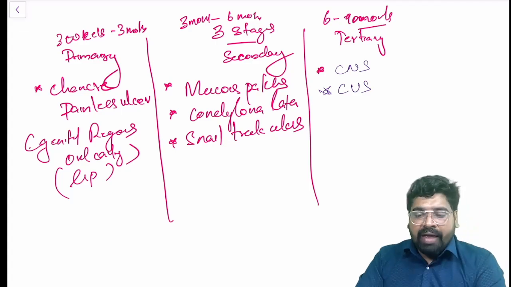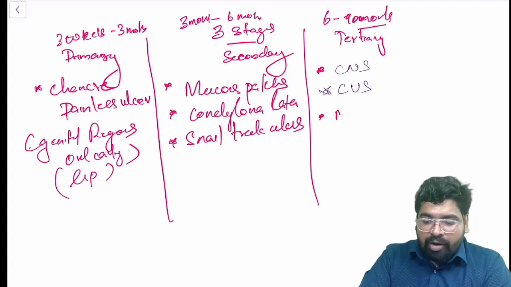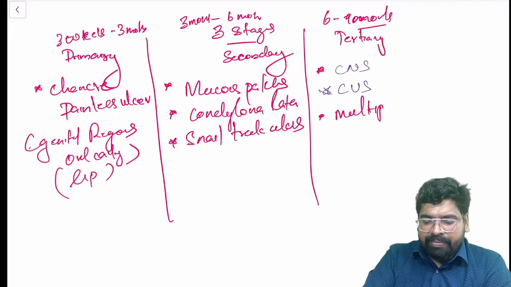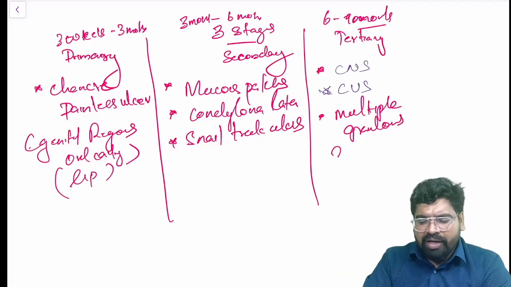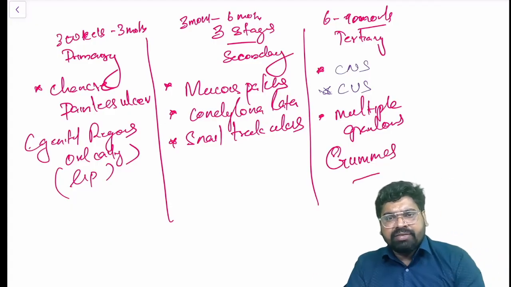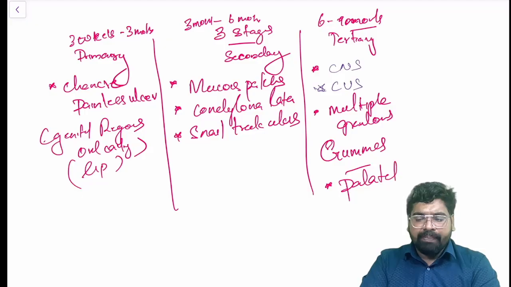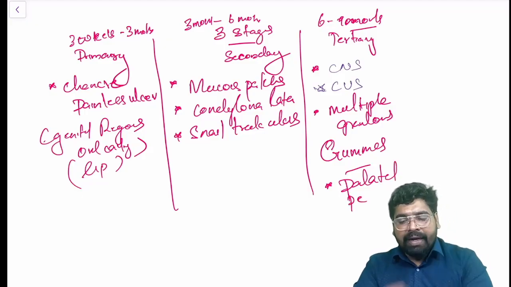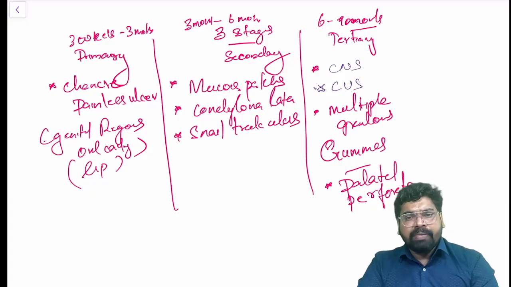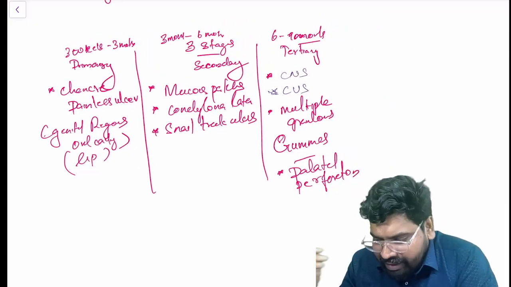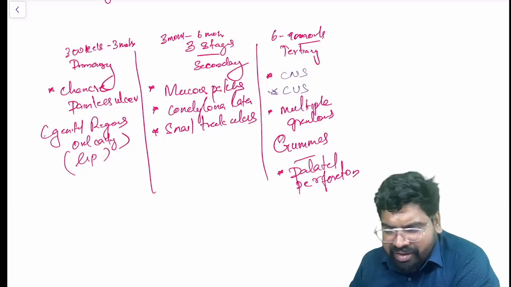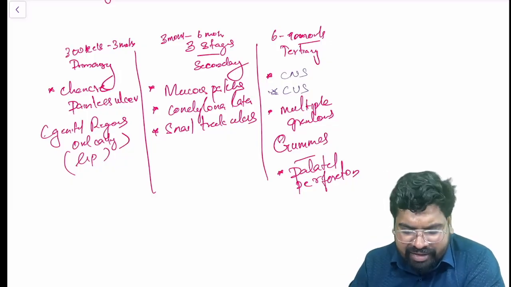You can see multiple granulomas, and these multiple granulomas are called gummas. In the oral cavity, you can see a feature called palatal perforation, which means there will be holes in the palate. Palatal perforation can be seen in tertiary syphilis. So these are certain features you see in tertiary syphilis.